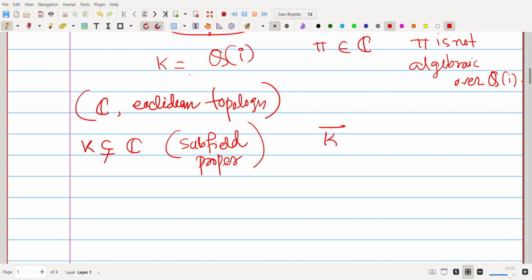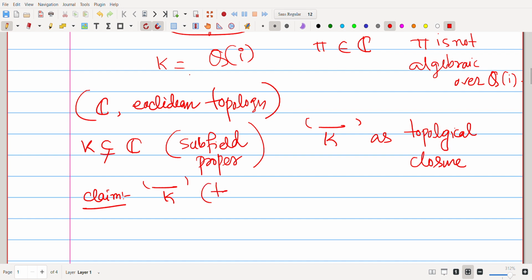Now I am denoting K bar as the topological closure. I mentioned already that this is topological closure, not algebraic closure. Mind it. So my first claim is that K closure, that is the topological closure, is a subfield.